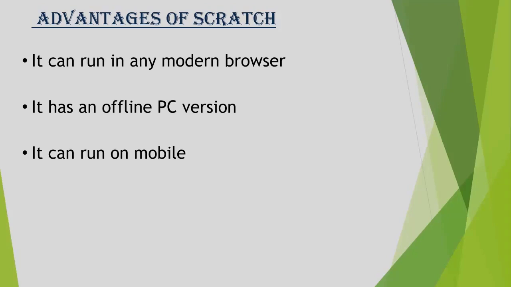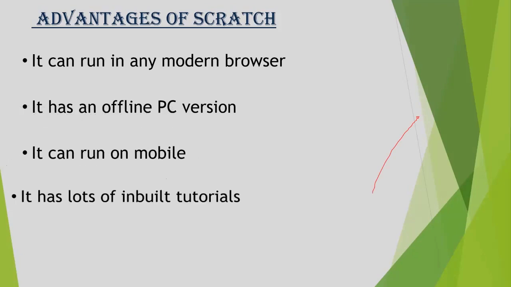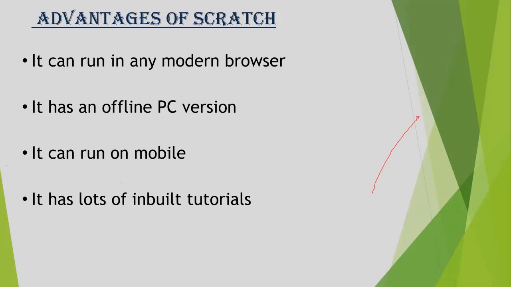Even if electricity has gone, but you still have your mobile phone, you can download Scratch and use it on your mobile. It is also integrated with a lot of tutorials, as I'll be showing you in summary. We can use some of the tutorials that are inbuilt into the Scratch platform, especially the offline version.